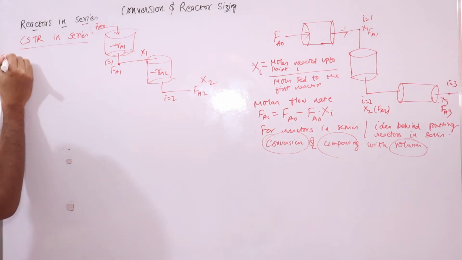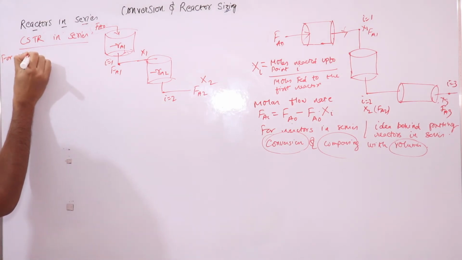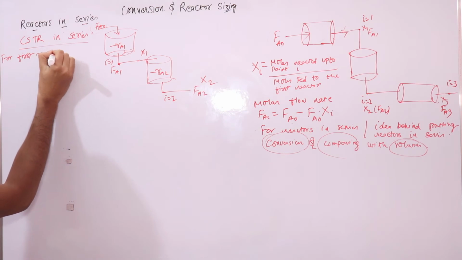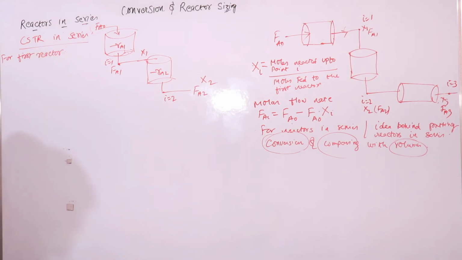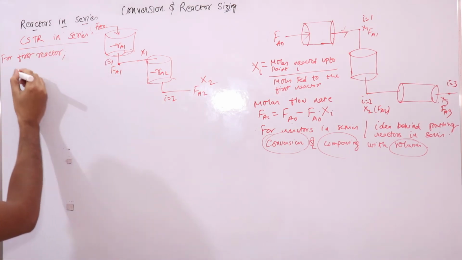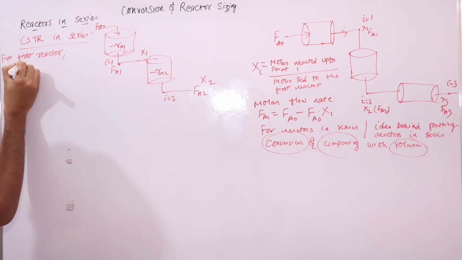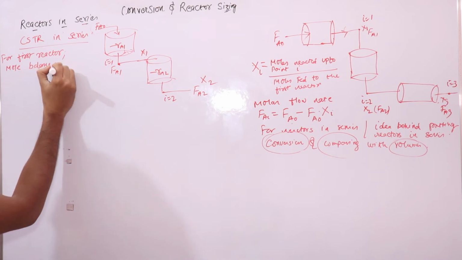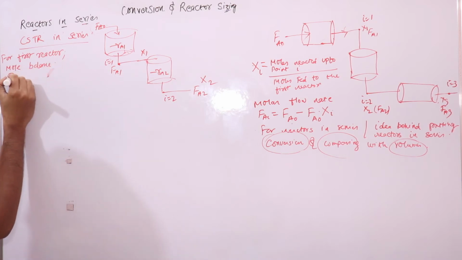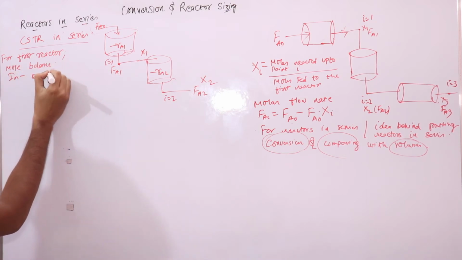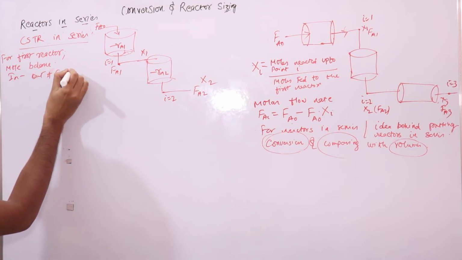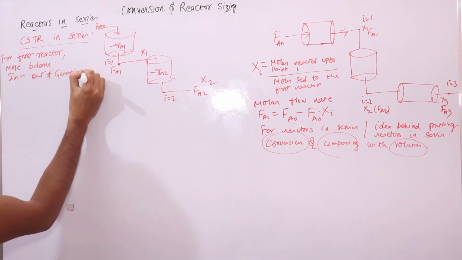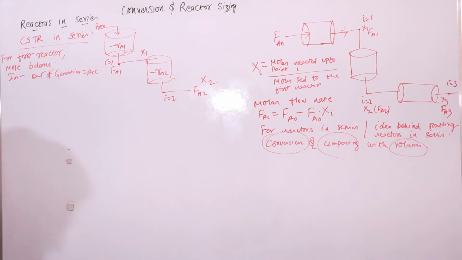So for the first reactor, we have the mole balance, which would be in minus out plus generation is equals to accumulation, right.